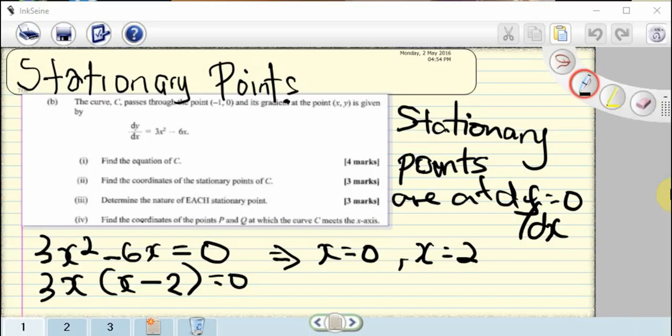Okay, so part 3 of the question says determine the nature of each stationary point. Right? Now we can use the second derivative to determine the nature of a stationary point.